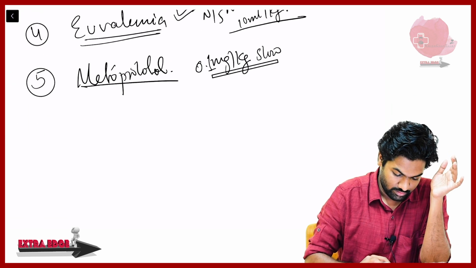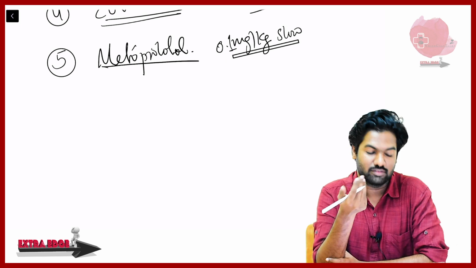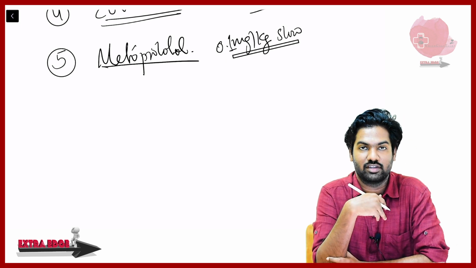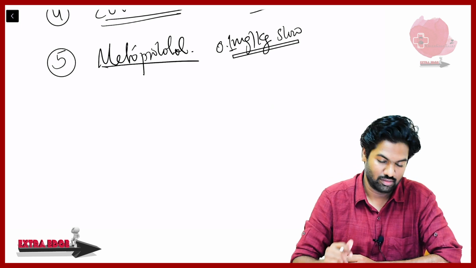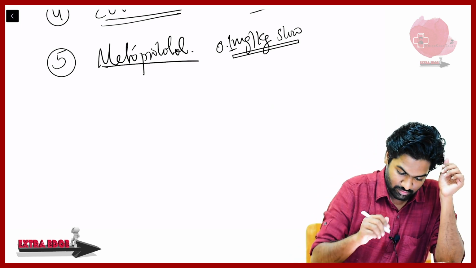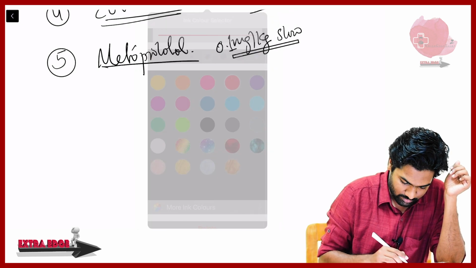Then what if, even after all this treatment, the patient is not able to recover from the cyanotic spell? In this kind of refractory cyanotic spell, we'll use this drug.